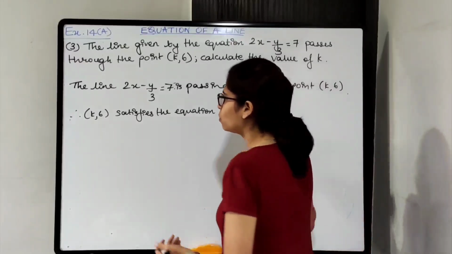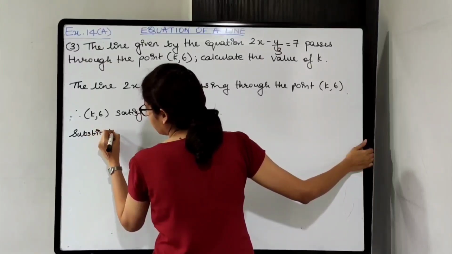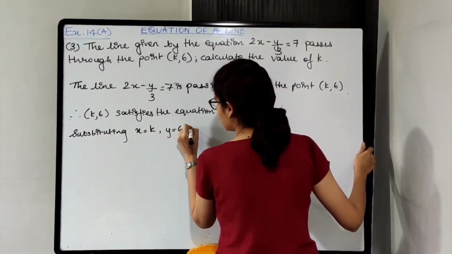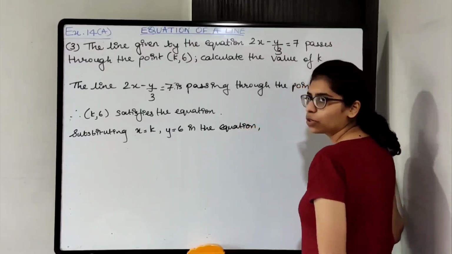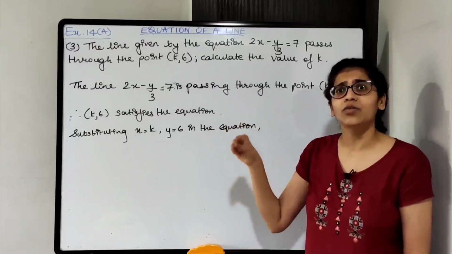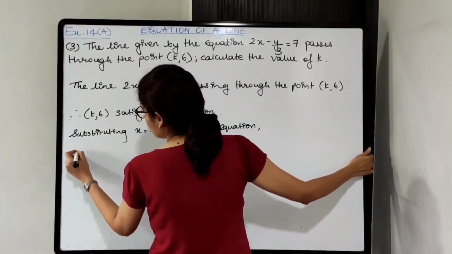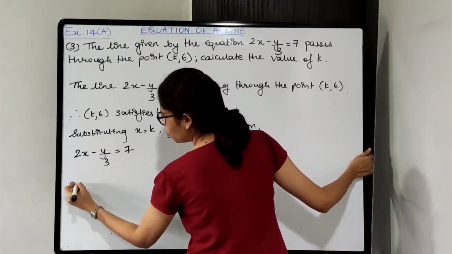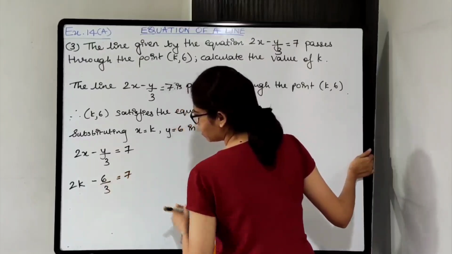Okay, so substituting x equal to k and y equal to 6 in the equation. There won't be LHS and RHS here, because it is given that it is lying on the line and you have to find out the value of the unknown variable. So equation is 2x minus y by 3 equals to 7. So 2k minus 6 by 3 is equal to 7.